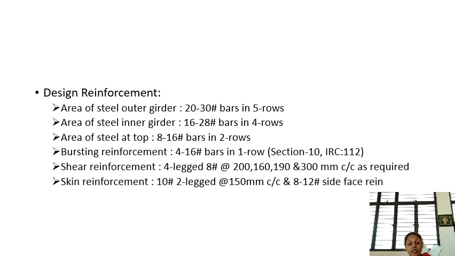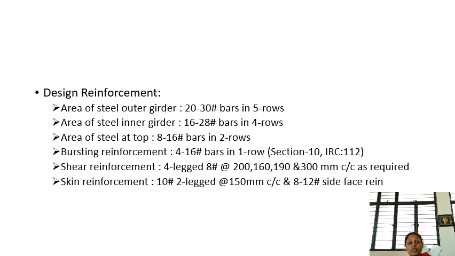So 20 bars of 30 dia on the outer girder, 16 bars of 28 dia on the inner girder, and the area of the steel at the top will be 8 bars of 16 dia in 2 rows. The bursting reinforcement is 4 bars of 16 dia in 1 row, and we are going to use a shear reinforcement, that is 4-legged 8 dia at 200.